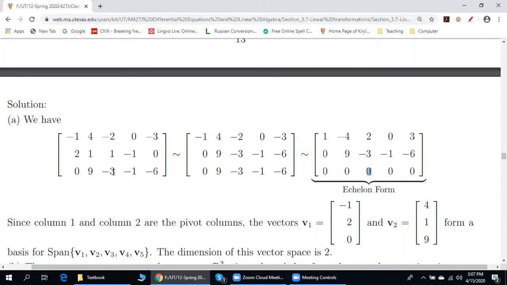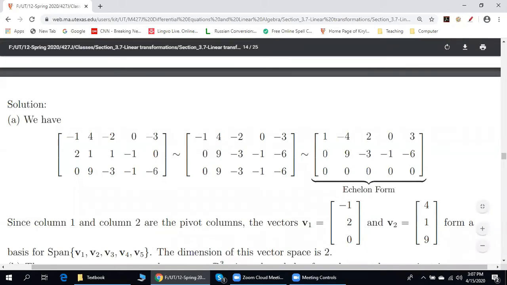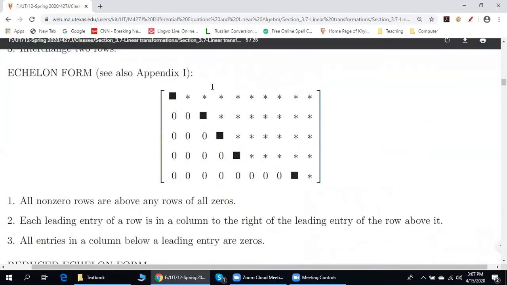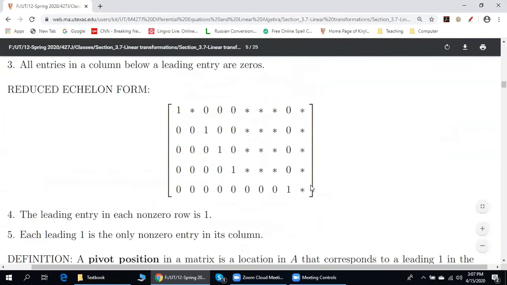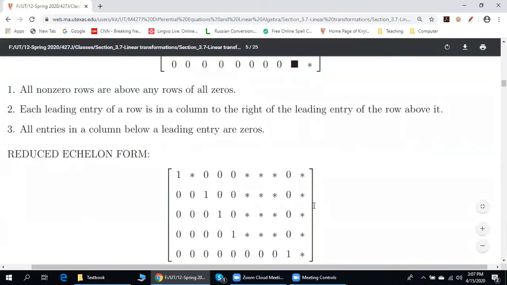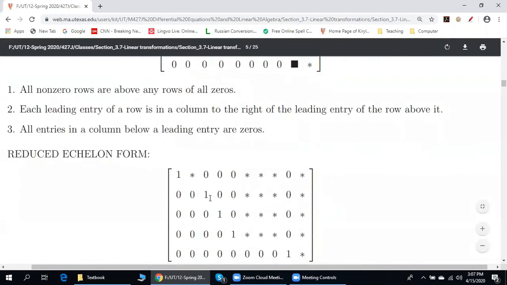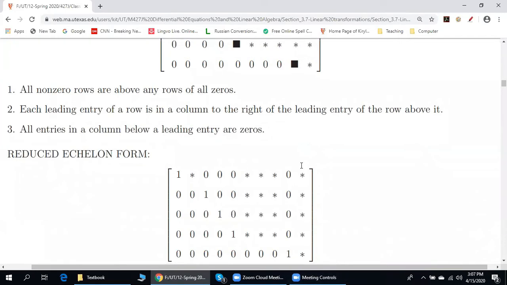Professor, this is a general question, but what does reduced echelon form show us that echelon form does not? Yes, very good question. So let us go back. Here is echelon form. Here is a reduced echelon form. Reduced echelon form means instead of black squares, we have ones. And now above each pivot 1, we have zeros.